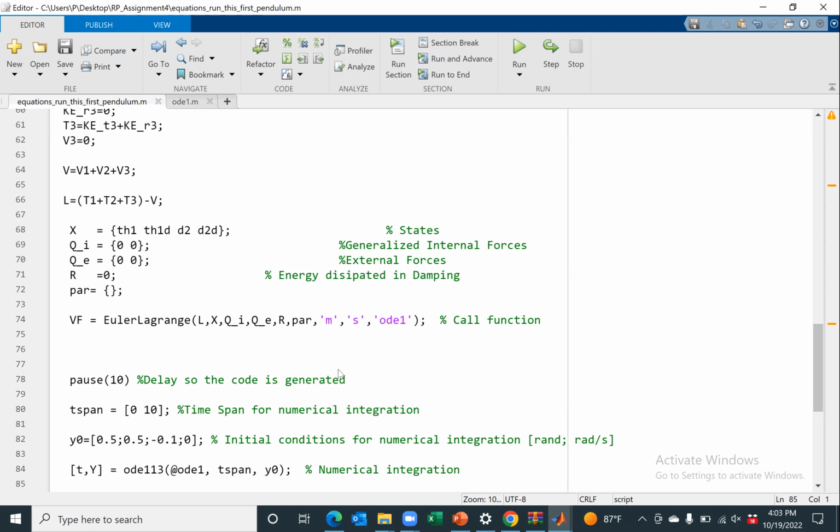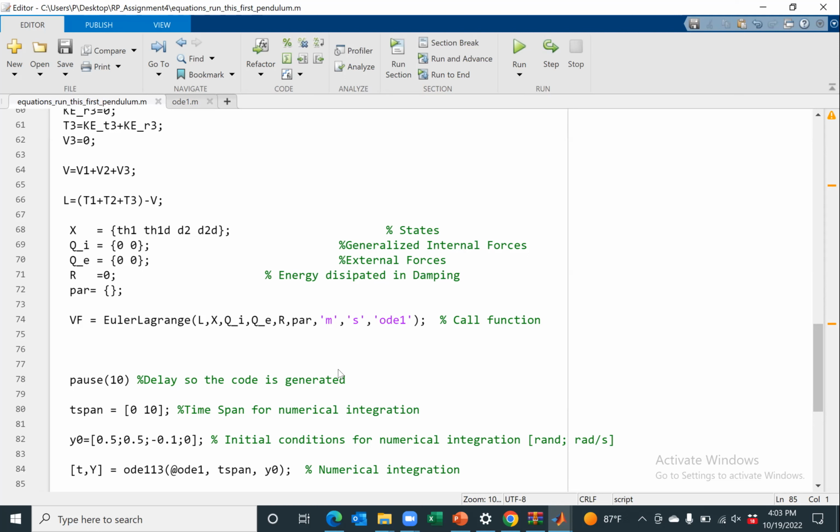Now, these are the initial conditions for numerical integration. What are these initial conditions? Our states are theta 1, theta 1 dot, d2 and d2 dot.